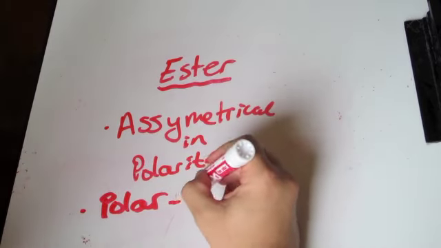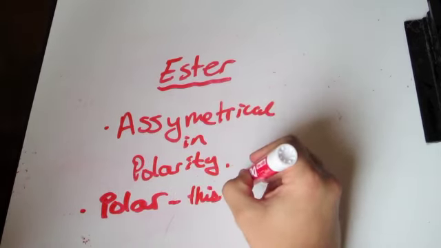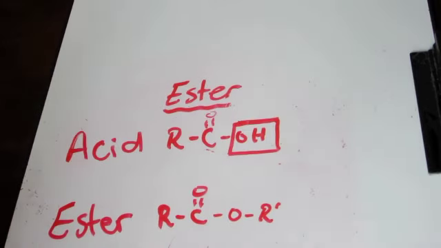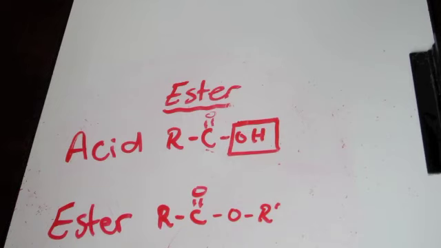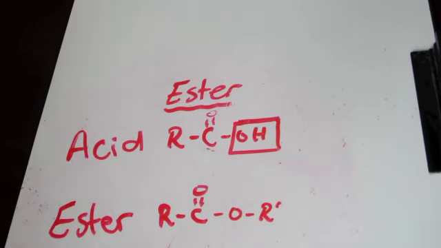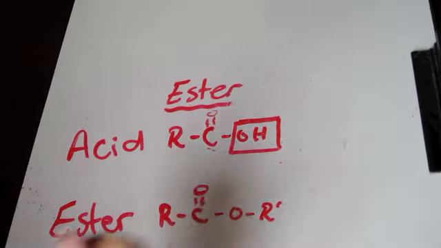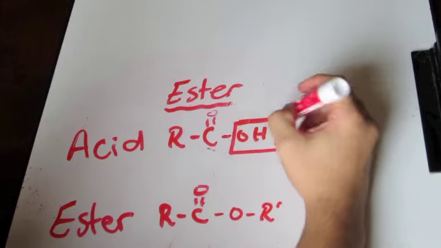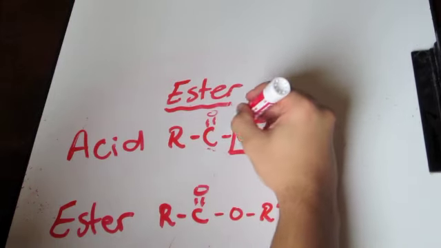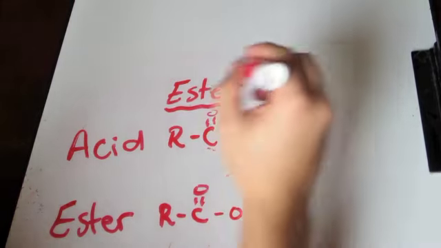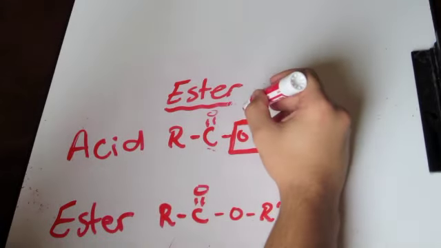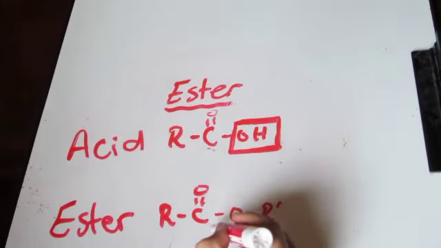This means it has slight solubility in water. As we can see here, esters are slightly less soluble in water compared to their parent makeup. As we see here, the acid, which is characterized by an OH group, has stronger dipole-dipole forces than that of the ester.